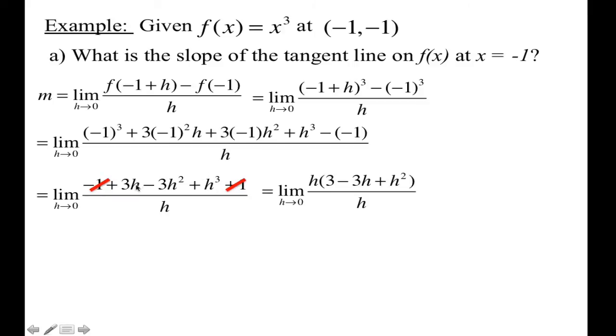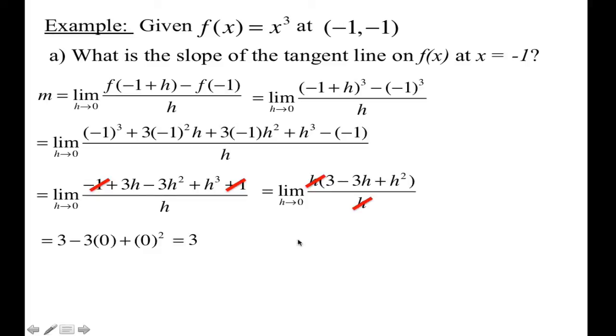At the same time, I can factor out an h, and the h's cancel, which is nice. And now when I plug in 0, I get a value out, which is 3. So this is telling me that the tangent line on x cubed at x equals -1 has a slope of 3.